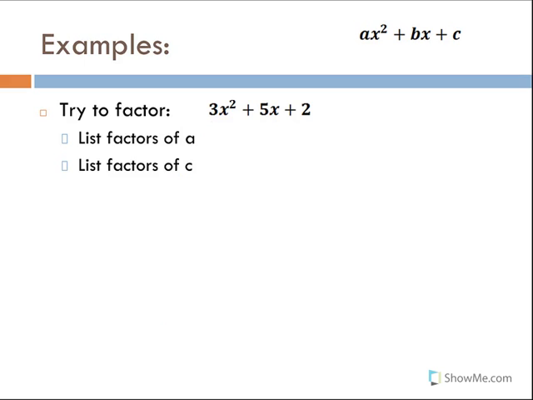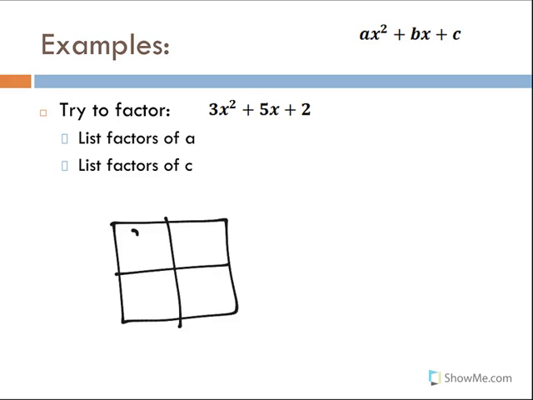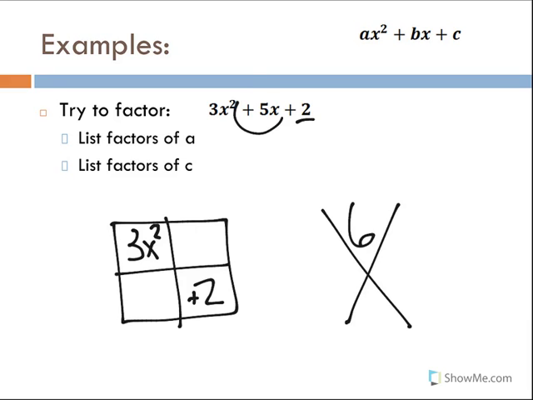All right, let's look at another one with our box method. Again, make the box, put my x squared in one corner, put my constant in the other. Now if I multiply those together, I get 6. I'm looking for things that multiply to 6 that add to 5. So 2 and 3 multiply to 6 and add to 5.